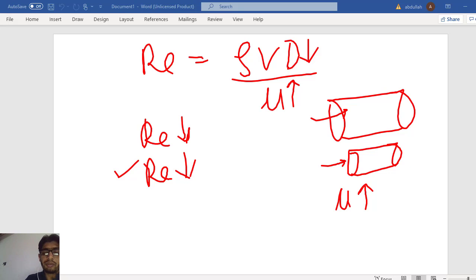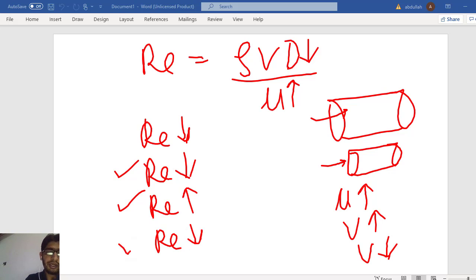When the velocity of the fluid is very high, the Reynolds number will be very high and it will be turbulent flow. When the velocity of the flow is very small, the Reynolds number will be small and it will be in the range of laminar flow. So this is all about Reynolds number in the internal flow in the pipes.